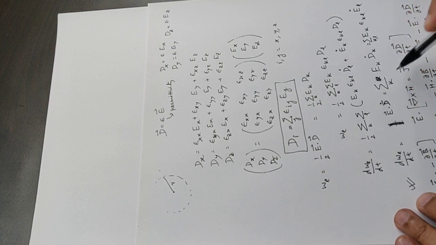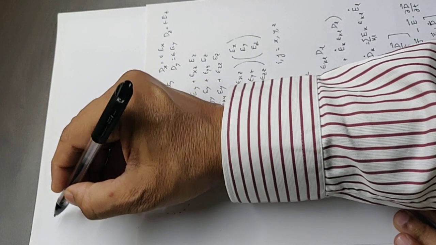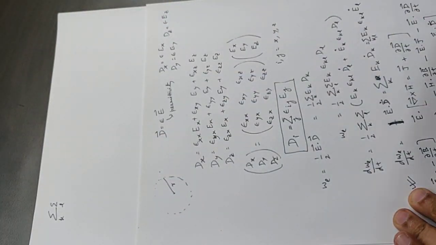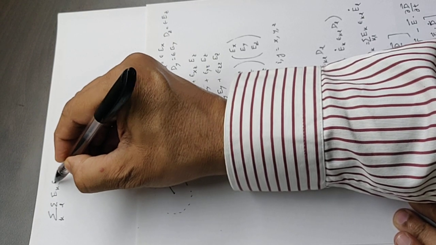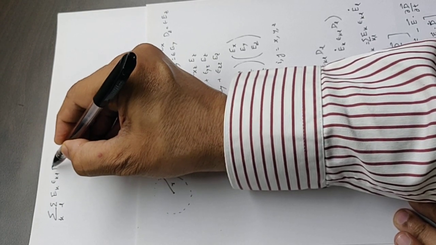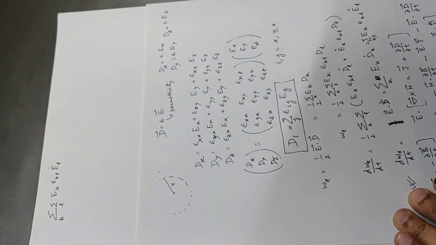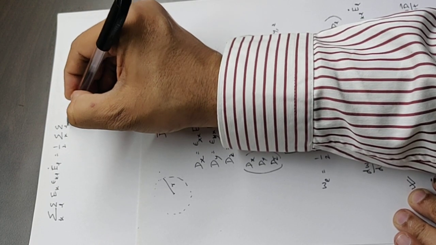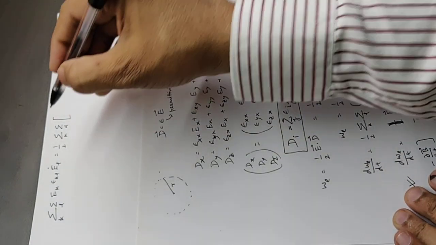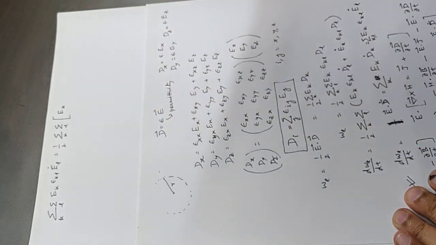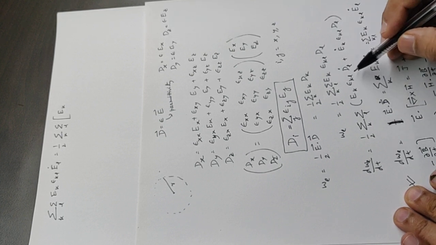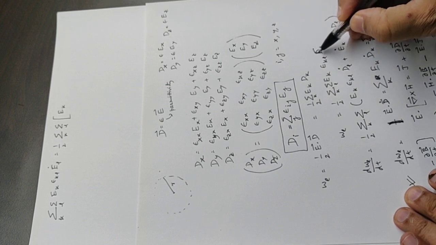So when I want these two to be equal, I'll have to write summation over K and summation over L. This side is Ek epsilon KL EL dot, which is equal to half summation over K, summation over L, and then Ek. I've made a mistake here also. This should be EL.